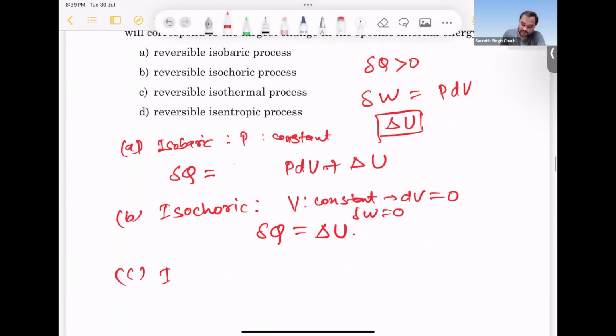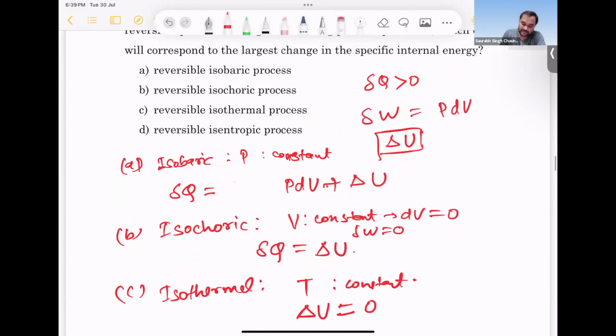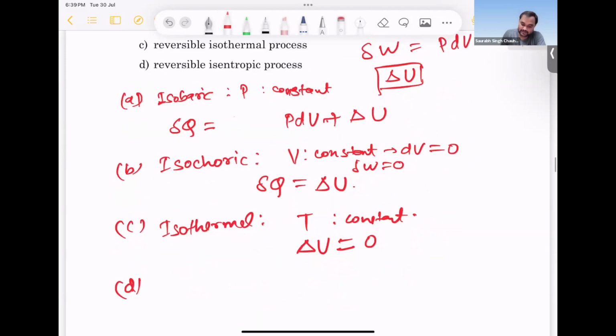Third part is isothermal. Isothermal means temperature is constant, and constant temperature means internal energy will not change. So delta U will be 0. And the last one is isentropic.